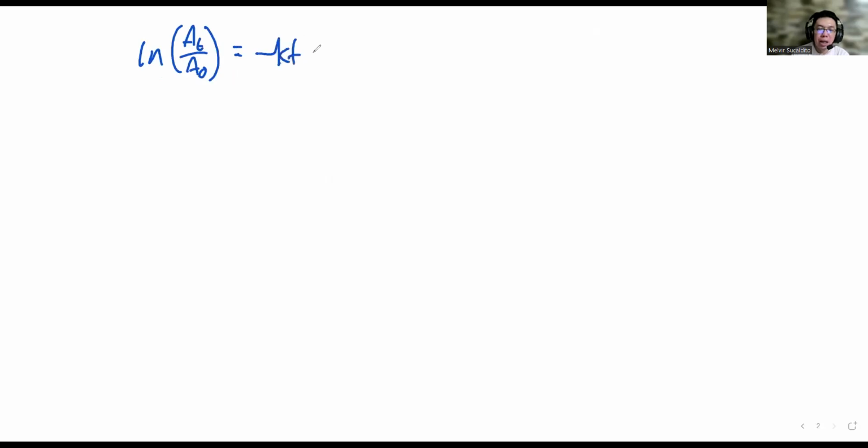Very good. ln AT equals negative KT. Write number 4.